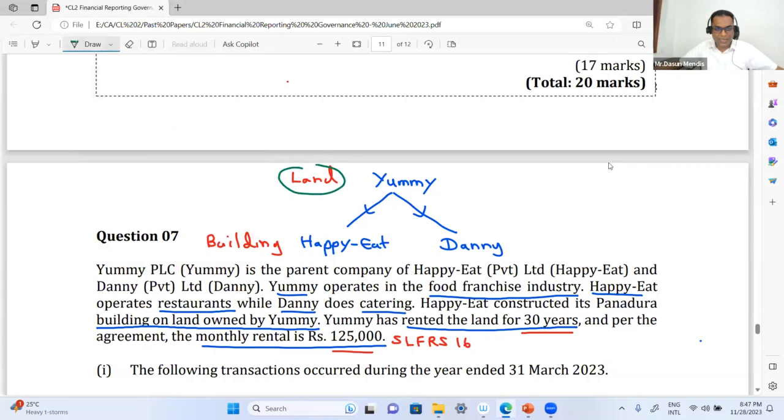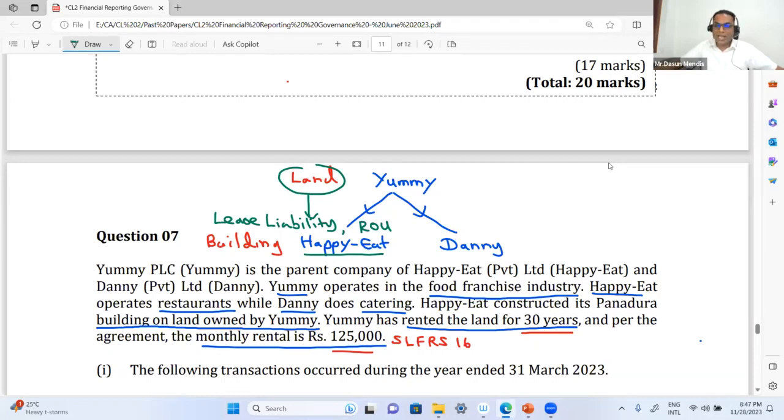In this particular land, subsidiary has to recognize a what? Lease liability. On the other hand, right of use asset in the books of the subsidiary, because subsidiary will become the lessee.